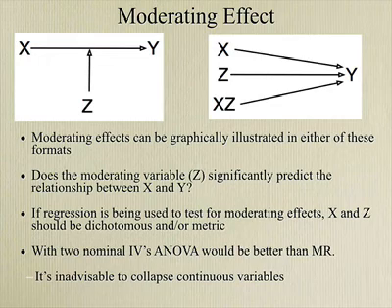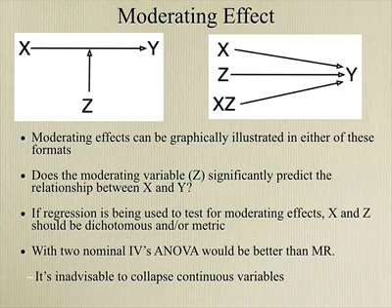And this arrow here just means our moderating variable, remember Z is for moderating variable, has an effect on the relationship between X and Y. So to me, this is a graphically meaningful way to understand moderating effects. It's just that the moderating variable changes the relationship. When we change the levels of Z, it changes the relationship between X and Y.